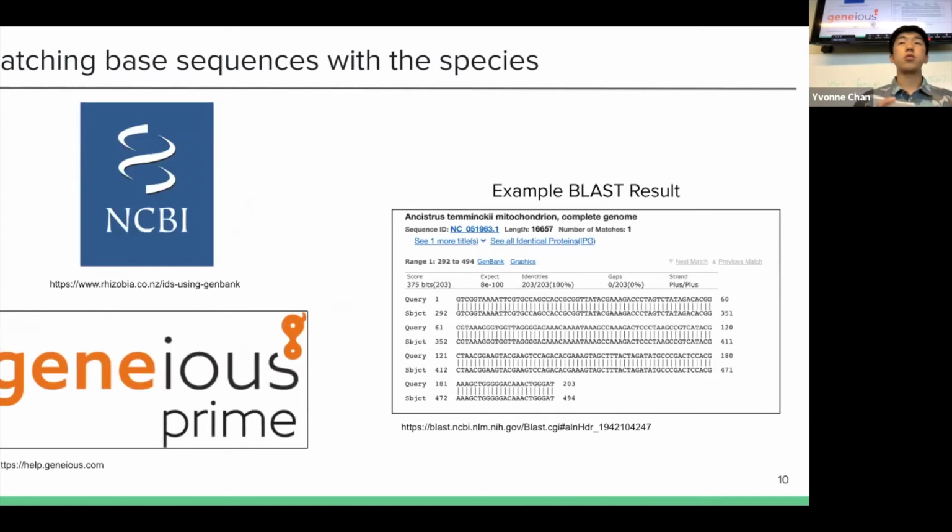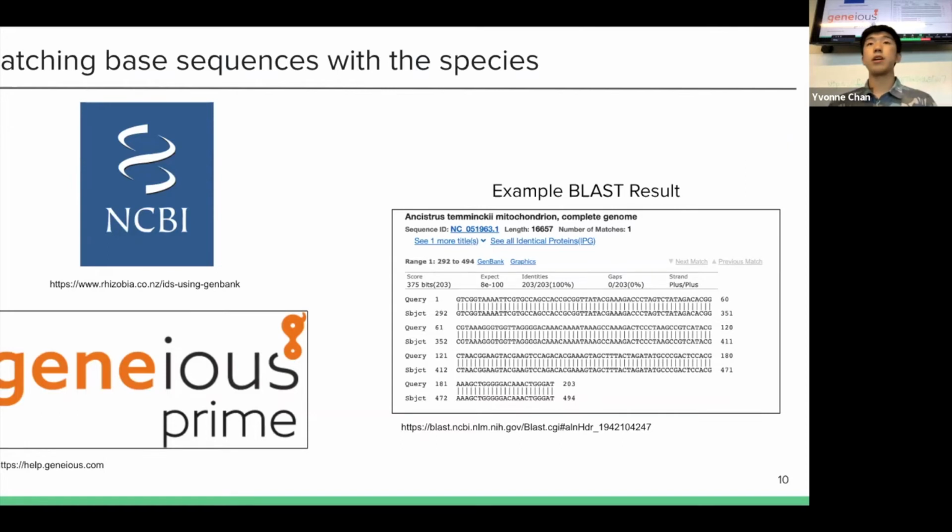Now I'm left with huge files of just a bunch of letters and base pairs that normally don't mean much to the average person. This is where these two software tools and databases come in handy. First is NCBI GenBank, and next is Geneious Prime. GenBank is an online database that has over 1.6 billion sequences, which equates to 450,000 species. This is just accumulated from past researchers uploading their sequences to the database.